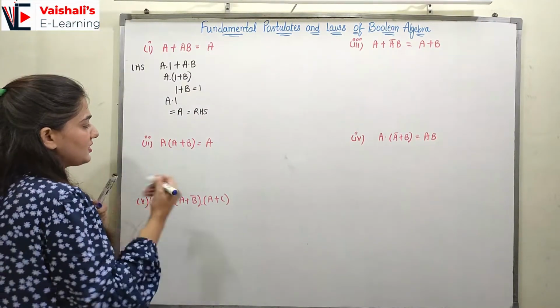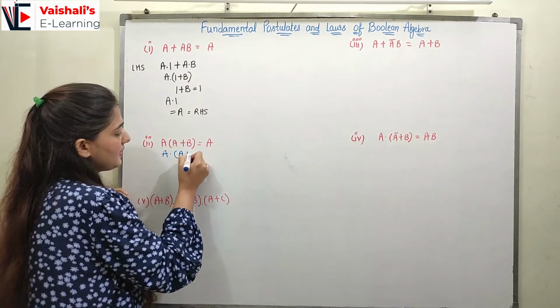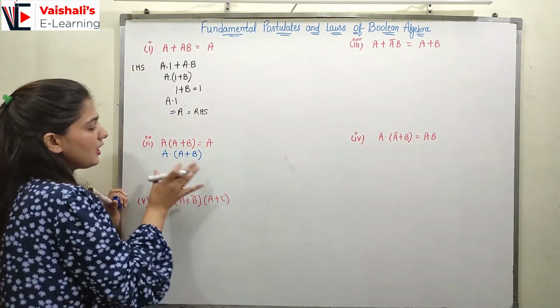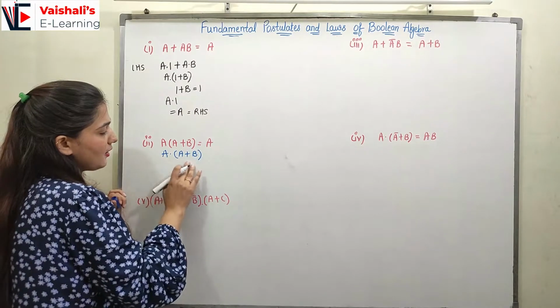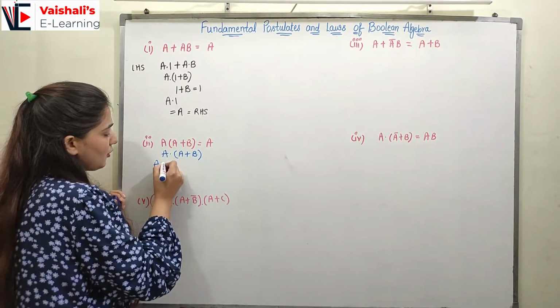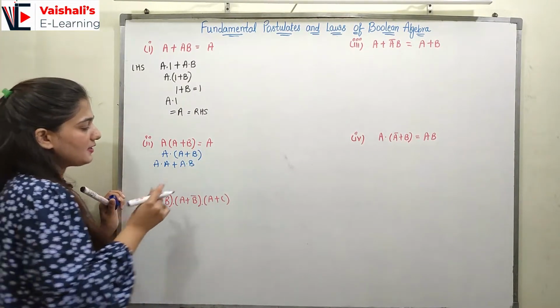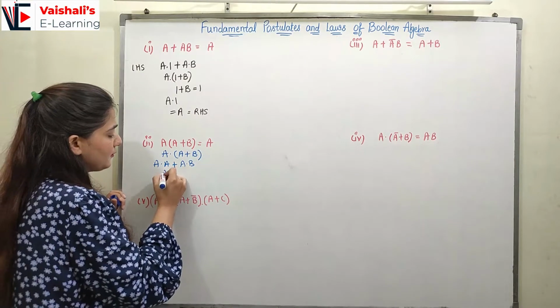Coming to the next question, I can simply write it as a dot a plus b. Now what I can do, I can open it, expand it. So a dot a plus a dot b I can write. Now a dot a will be equal to a only.